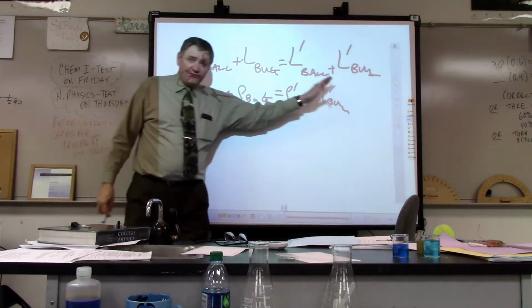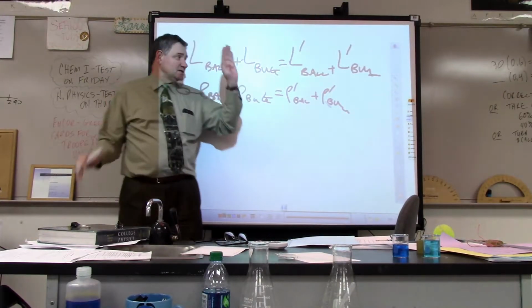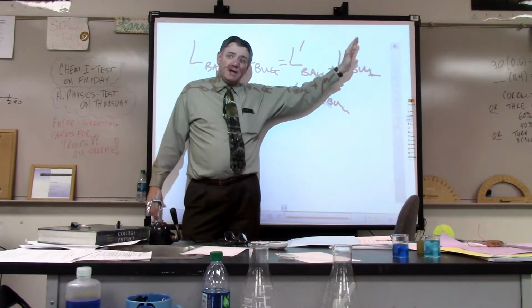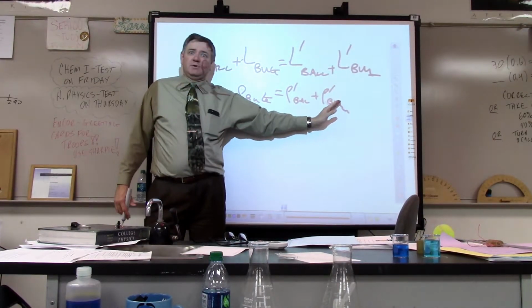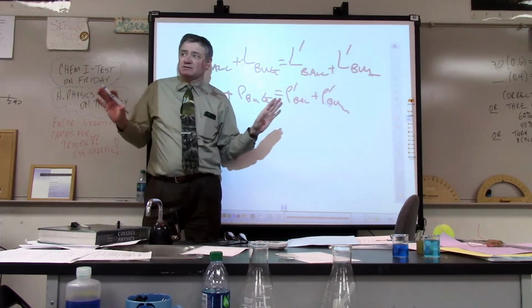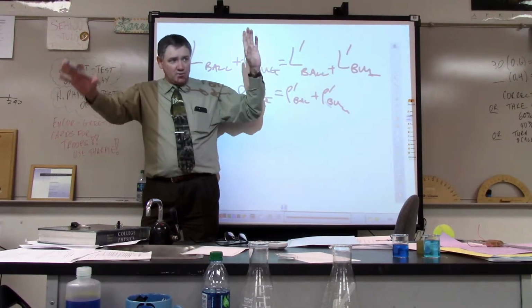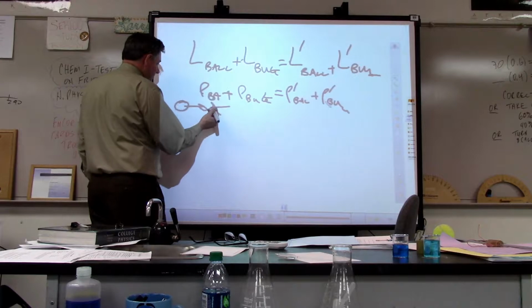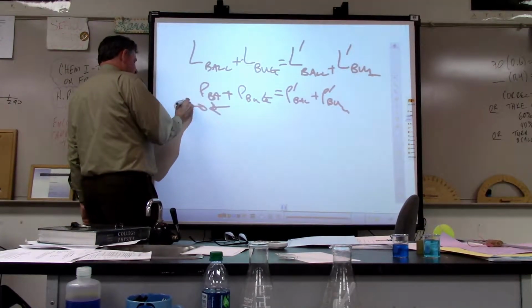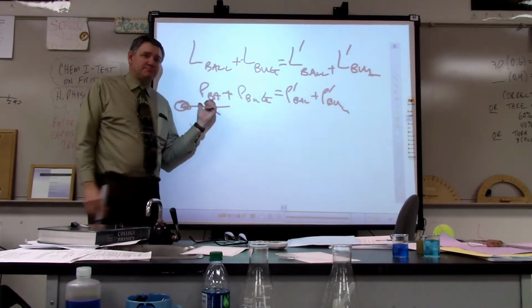So the only difference is that on this one we're conserving angular momentum, and on this one, we're conserving linear momentum. But it's the exact same conservation law. One's angular, one's linear.